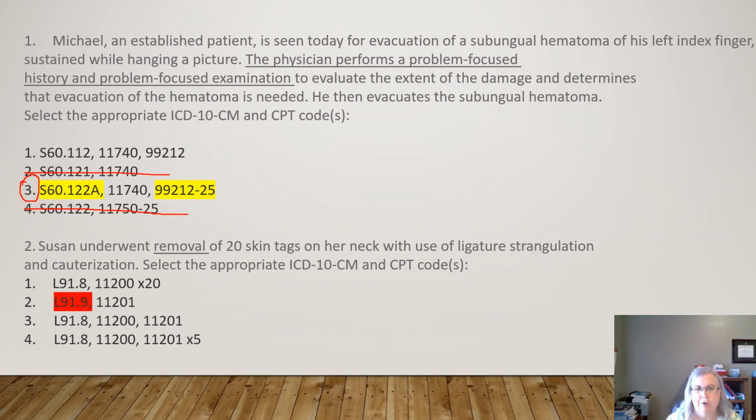That's exactly what we're doing here. This one happens to be removal of 20 skin tags. So when you read a little further under 11200, it says removal of skin tags, up to and including 15 lesions. Well, in this case scenario, we know there's 20.